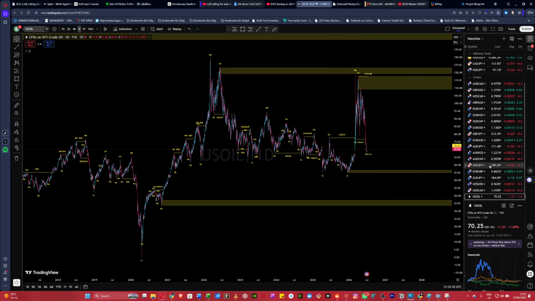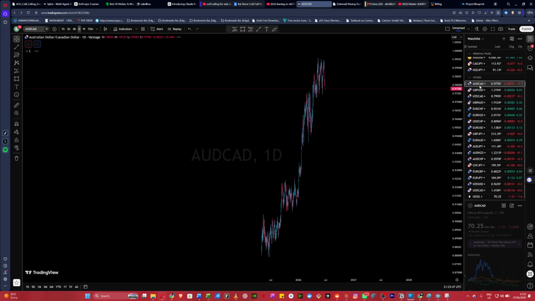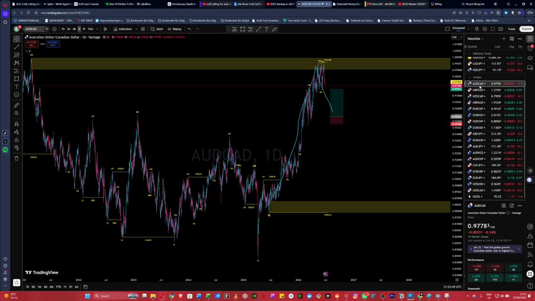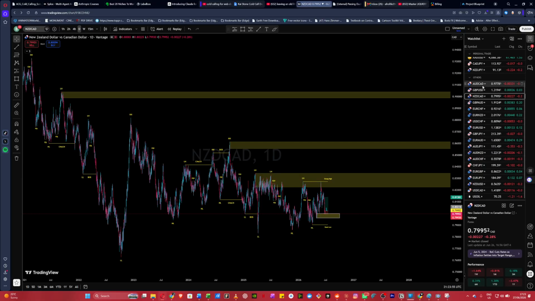So yeah, if oil is dropping, probably this is where it took off from. So CAD and oil have the same strengths. If you check CAD pairs, if oil is dropping, CAD pairs are also dropping. Okay, so oil is still dropping, yes.